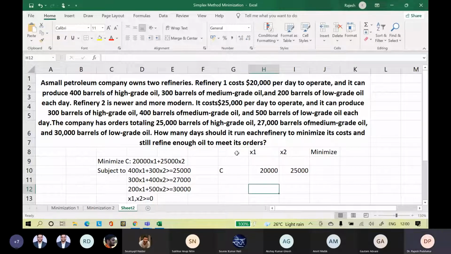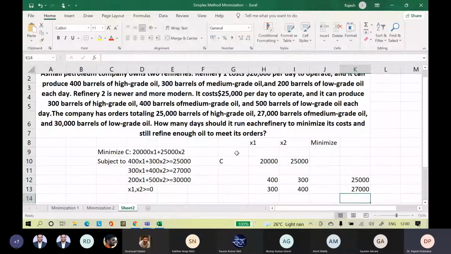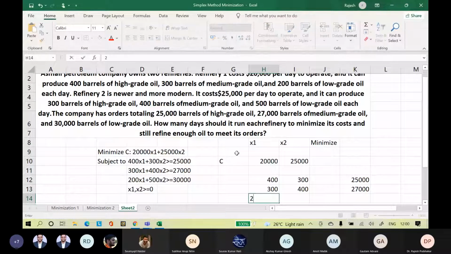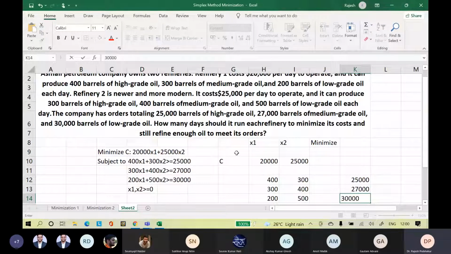So the constraints are 400, 300, 25,000; 300, 400, 27,000; 100, 500, 30,000.